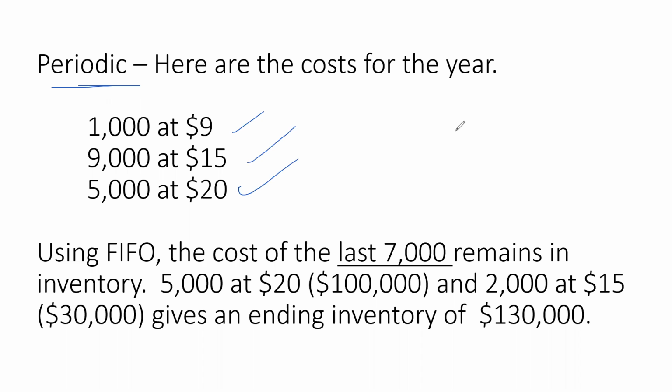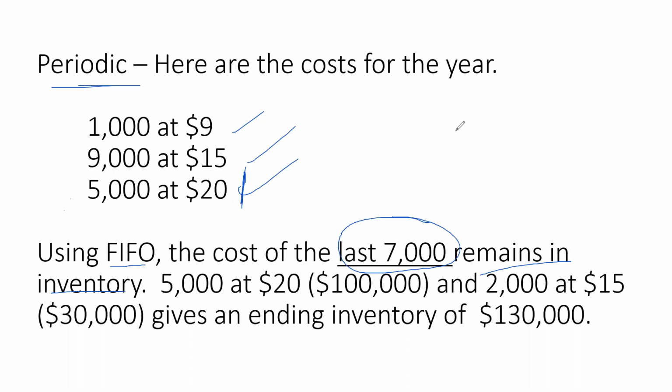If you're using FIFO, the cost of the last 7,000 units is what remains in ending inventory. You don't know that for a fact. That's an assumption. That's the FIFO assumption. So what are the last 7,000 units? In this case, the last 7,000 units, we'll do it.